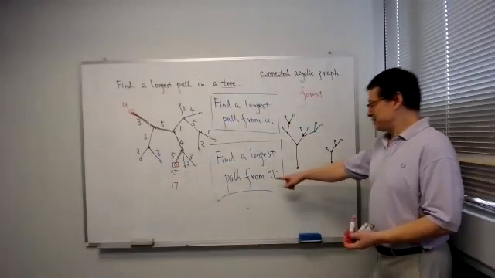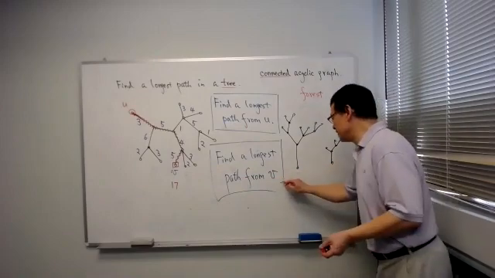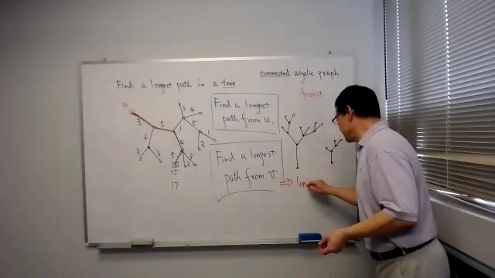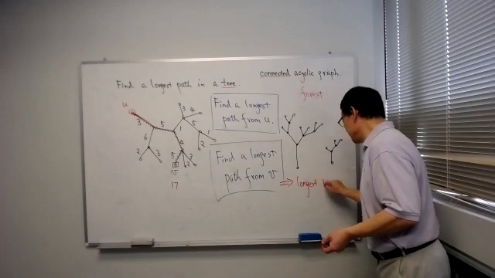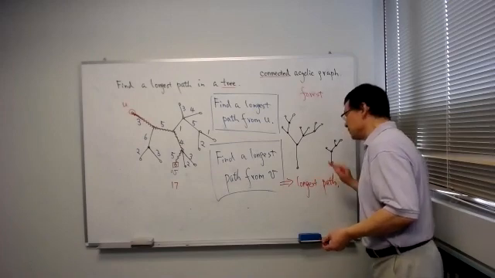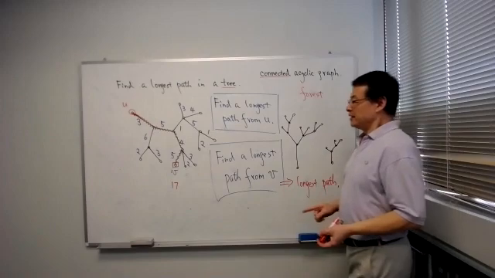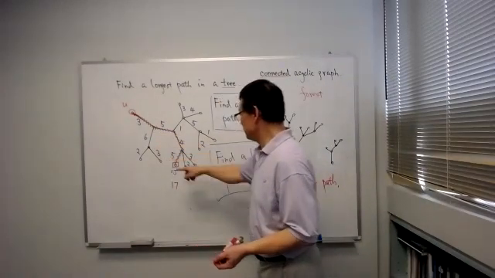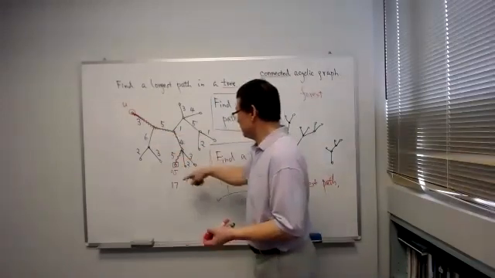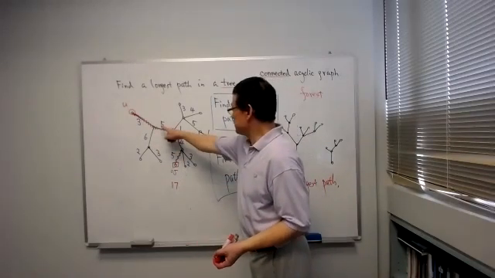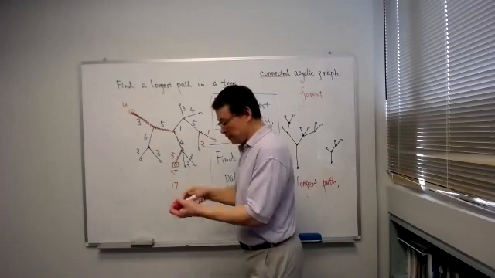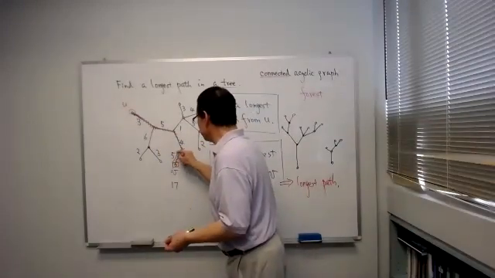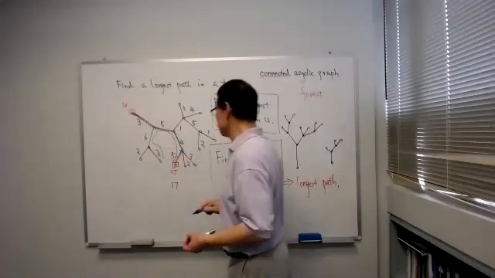In this case, this one will give us the longest. Among the three, I think this one is longest. When I start with this one, we find this one is the longest path.